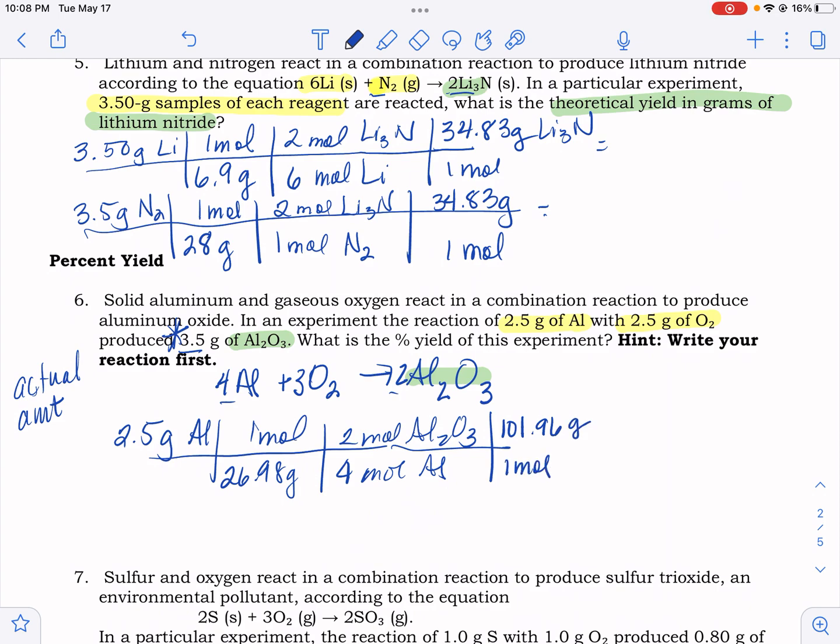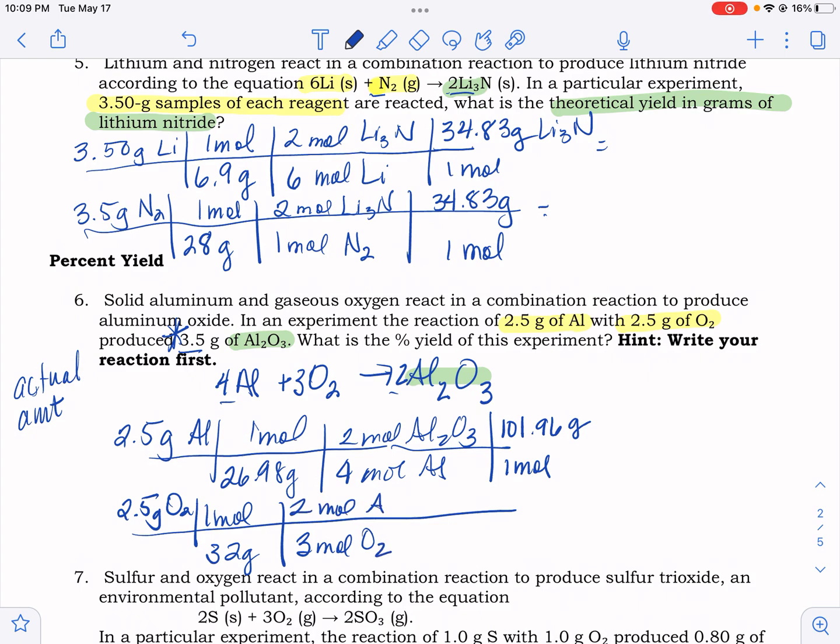All right. Now we'll do the same. 2.5 grams of oxygen. Molar mass is 32 grams in 1 mole. We have 3 moles of oxygen that react with every 2 moles of aluminum oxide that is formed.